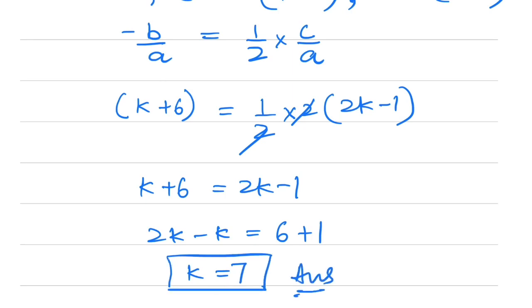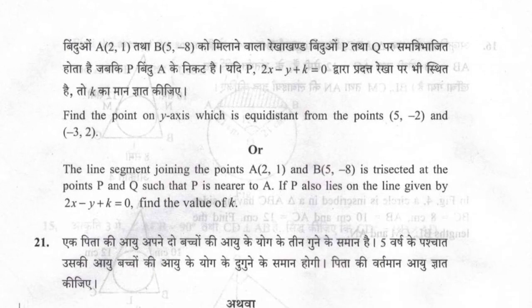Answer. 20th question. In this we have to find the point on y-axis which is equidistant from the points 5, minus 2 and minus 3, 2. Let's say this point A is 5 and minus 2, and the second point, let it be B, minus 3 and 2.